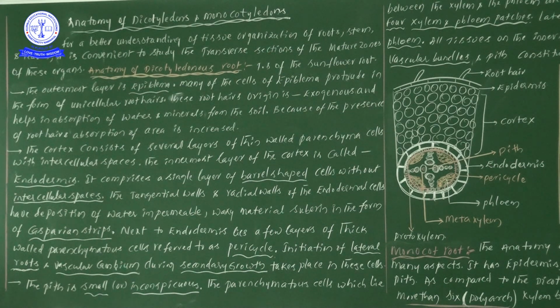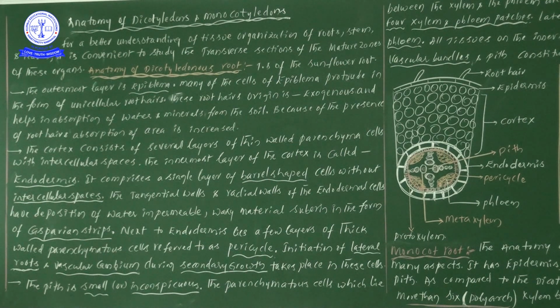And one more point I said: epidermal cells do not possess chloroplast. Chloroplast is not present, but it is present in a few specialized cells in the epidermis, which we call stomata.